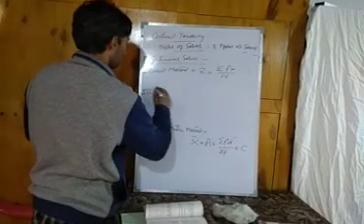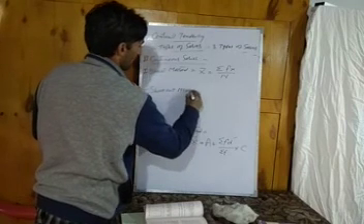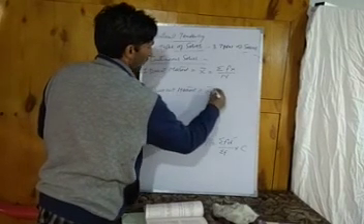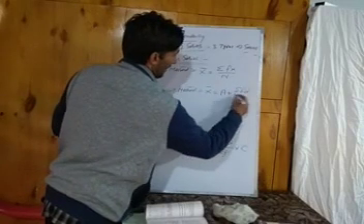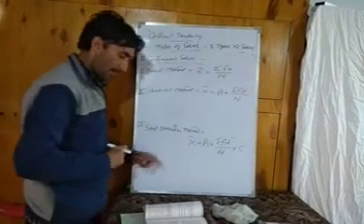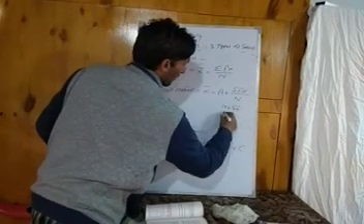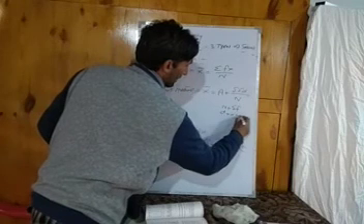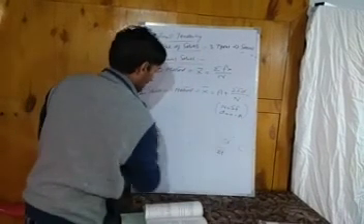Second, shortcut method. x bar is equal to a plus summation fd divided by n. n is also equal to summation f, and d is equal to x minus a. Same.